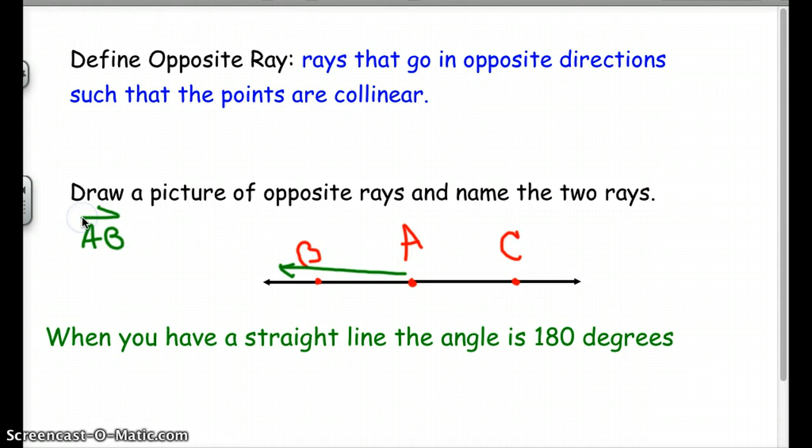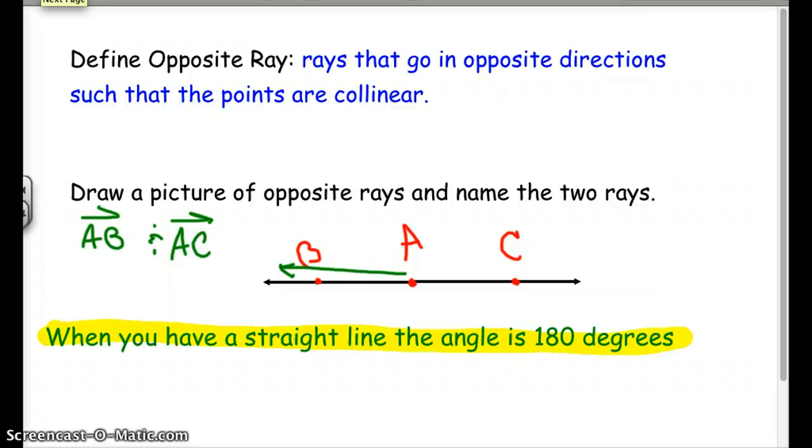AB and AC in my picture are opposite rays, and when you have opposite rays, they are collinear, which means they form a straight line. And so when you have straight lines, that angle is going to be 180 degrees. So anytime you have angles that make a straight line, they're going to equal 180 degrees.